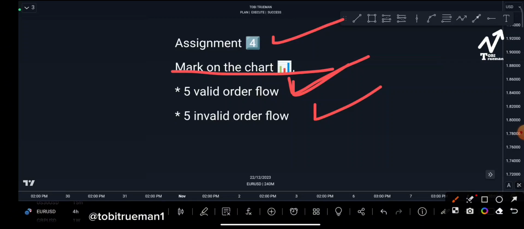Then we can anticipate an order flow. In a bearish trend, if the candle that broke the lower low did not tap it, that's a valid order flow. But if the candle tapped on it, that is an invalid order flow. We can no longer use that as a valid order flow.